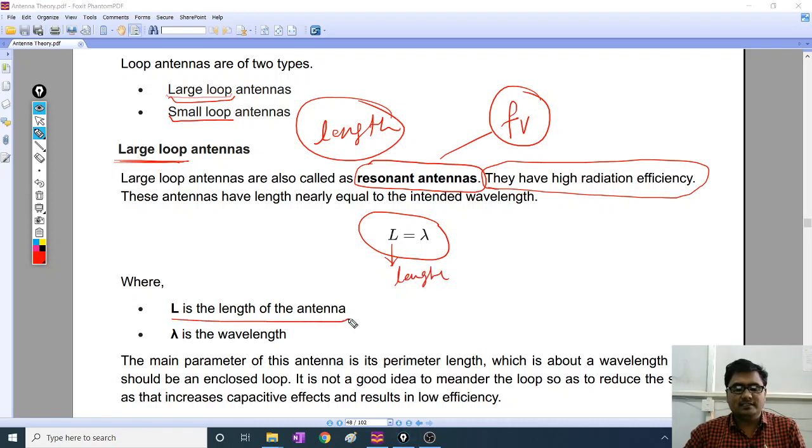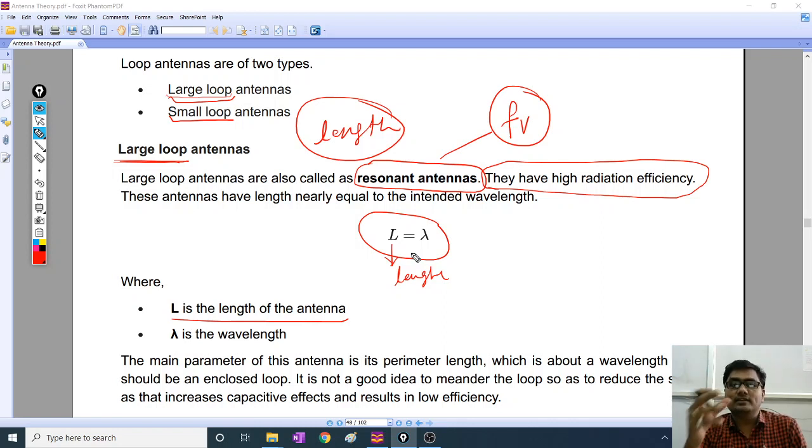L is the length of the antenna. If the length of the antenna is equal to lambda, I can call it a large loop antenna. If the length is less than lambda, it becomes a small loop antenna. The large and small loop antennas have different applications. Generally, small loop antennas are used at very small distances.